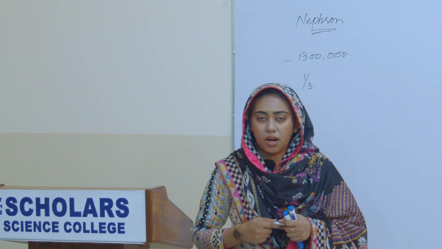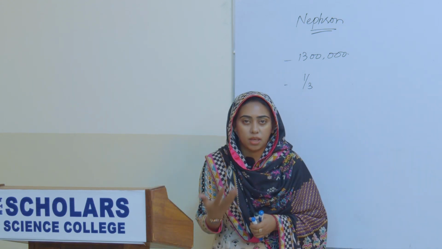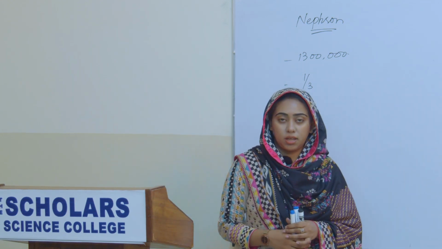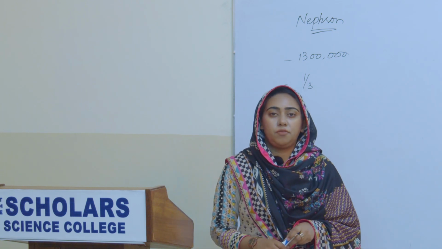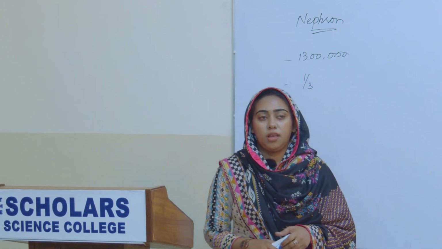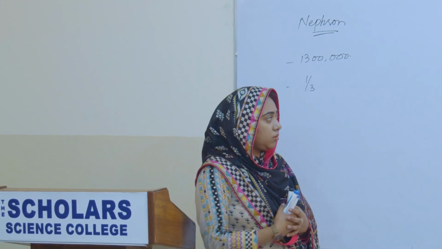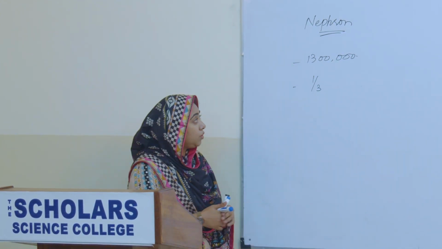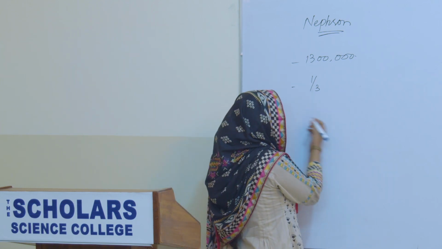So if there are 3 parts, then one part must be working efficiently. And there are a number of arteries and veins connected to each nephron, and the nephrons are spread within the kidney. So according to the location of the nephron, there are 3 types of nephrons existing there.